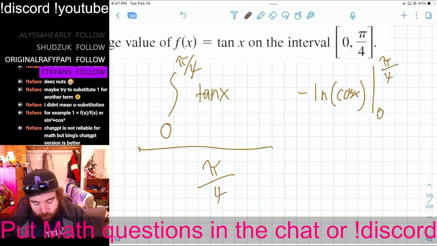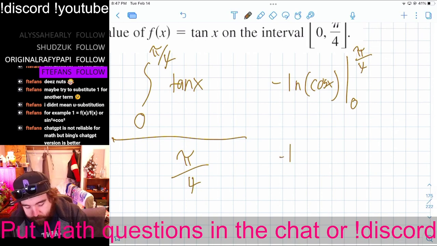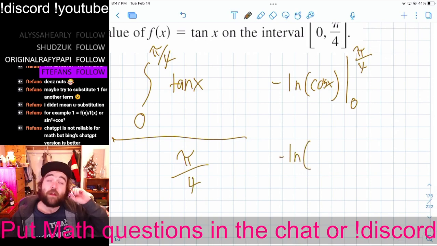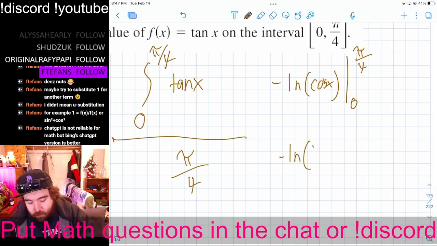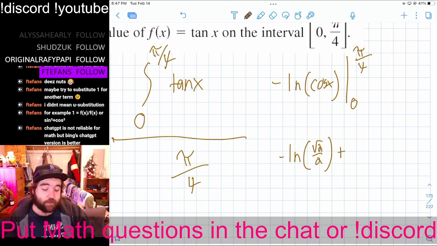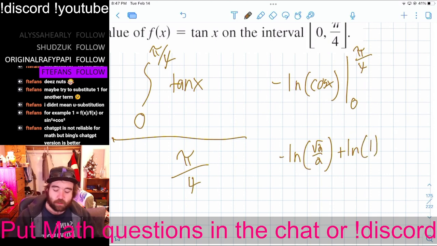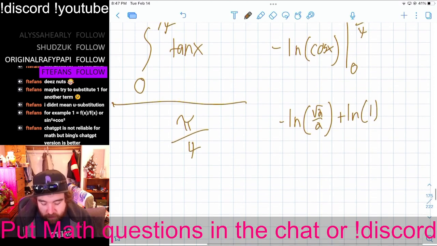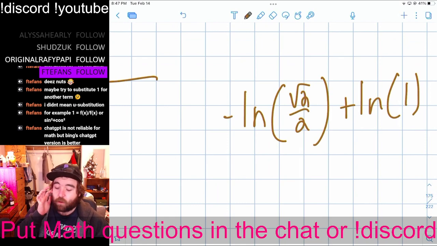So we go negative ln of cosine of pi over 4, root 2 over 2, minus the negative, so then plus ln of cosine of 0, so the ln of 1, which is 0. So the answer is negative ln root 2 over 2.